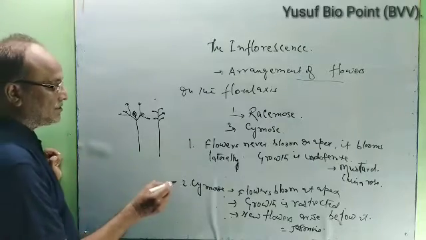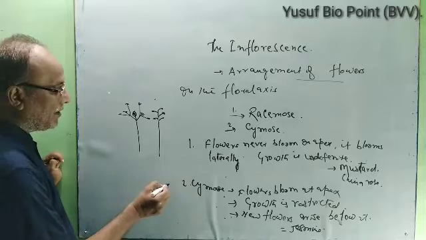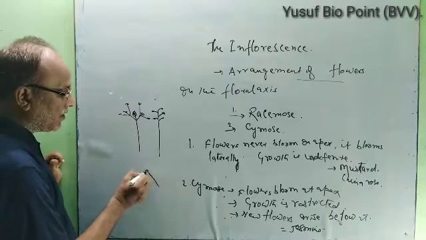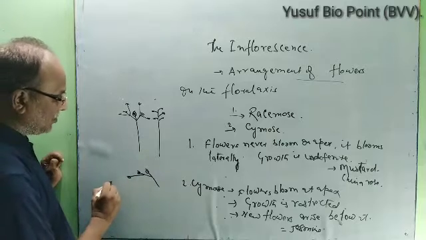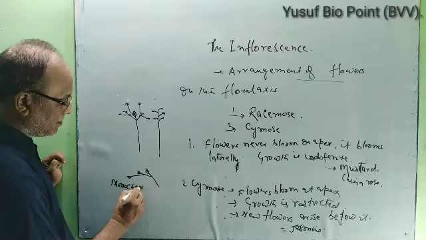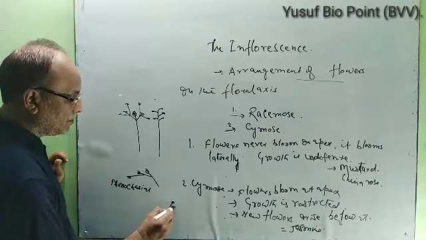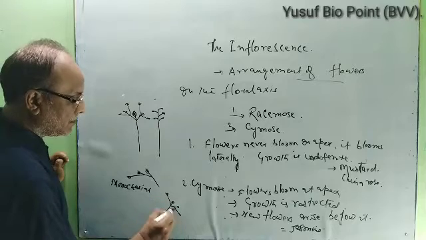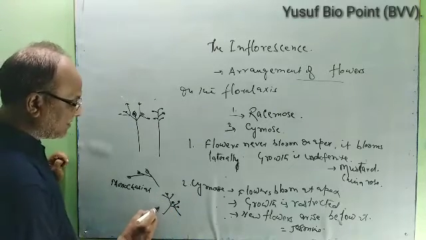The cymose is also of several types. If one flower blooms at the apex, this is called monochasial. If two flowers bloom, that is dichasial.